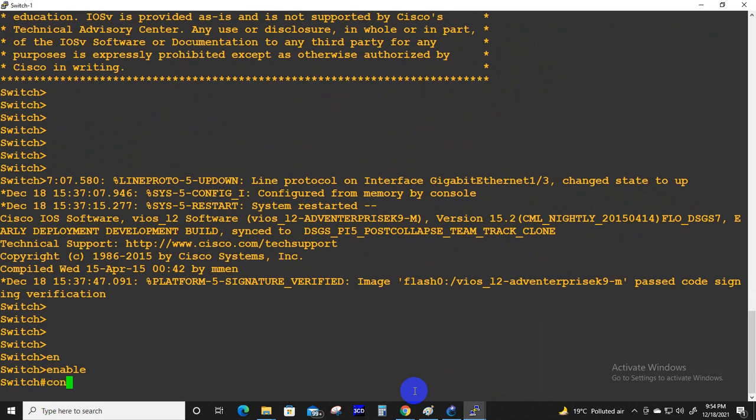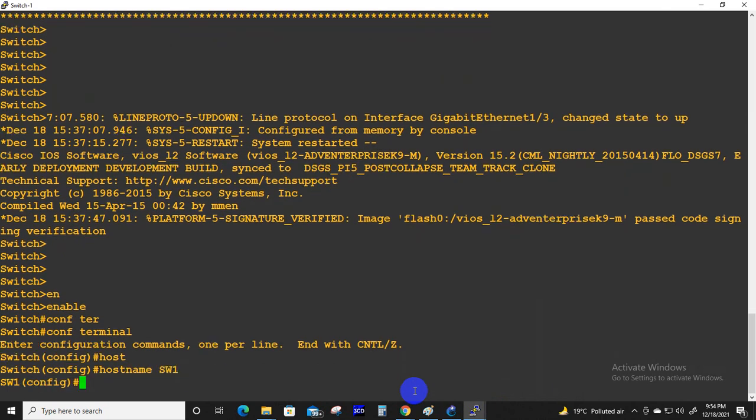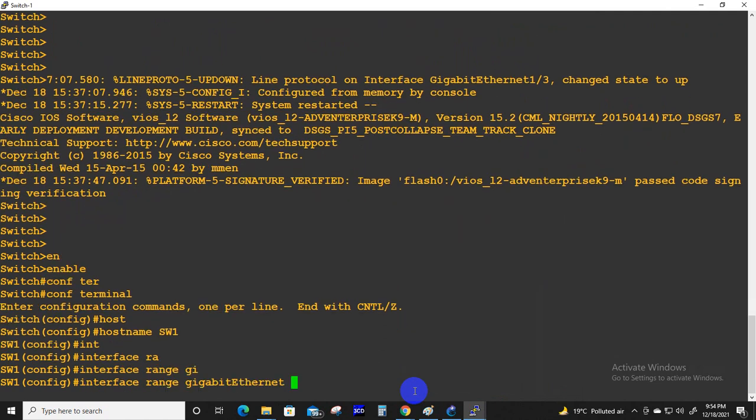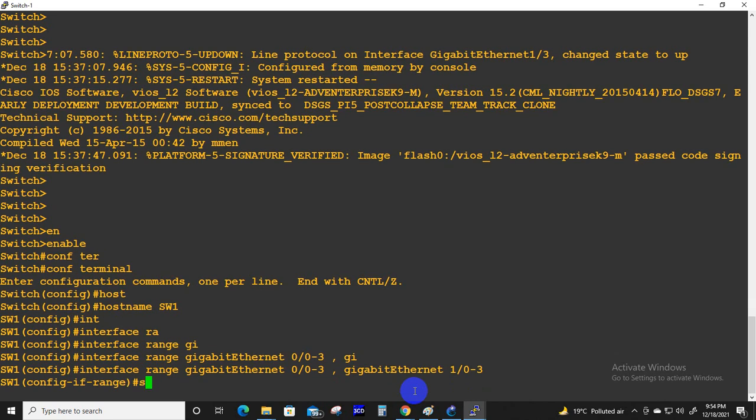Enable, configure terminal, hostname switch 1. First of all, we will do interface range GigabitEthernet 0/0 to 3, GigabitEthernet 1/0 to 3, shutdown.